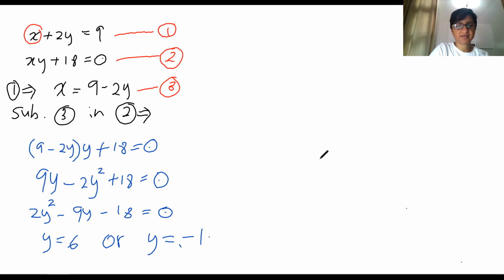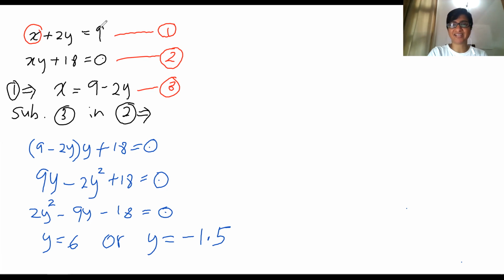Did you get that? Minus 1.5. Now, how did I get this answer straight away? I used the calculator. You can do it too, because solving a quadratic equation is not something they test you on in advanced level.